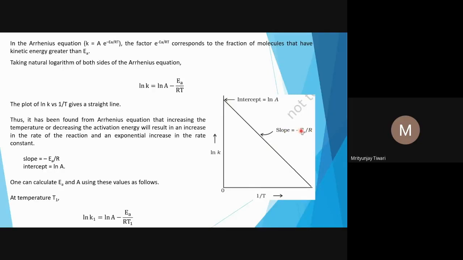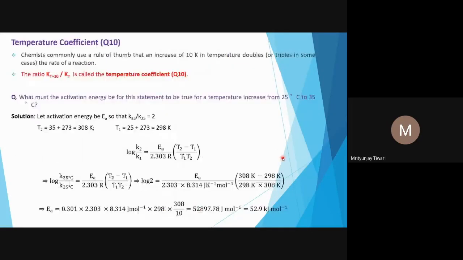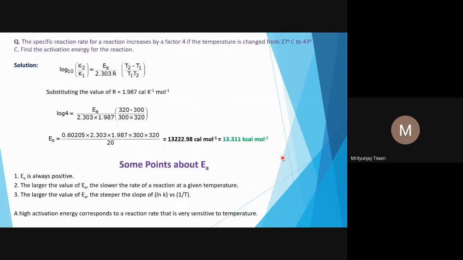So this point is also important, and questions may be framed accordingly.